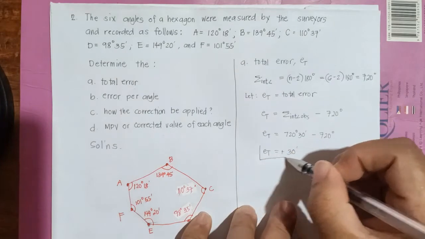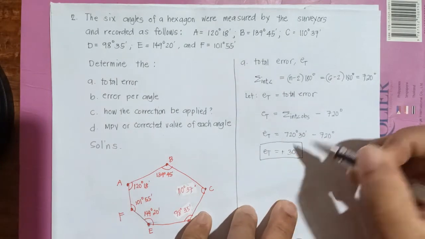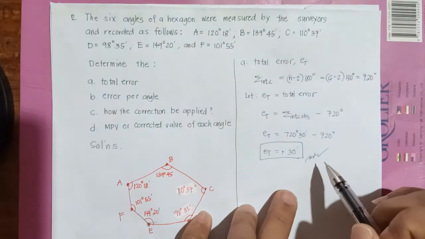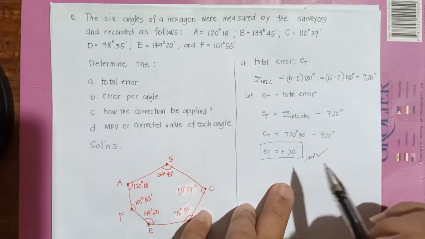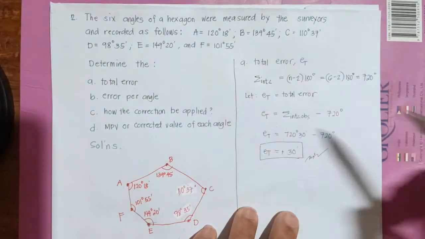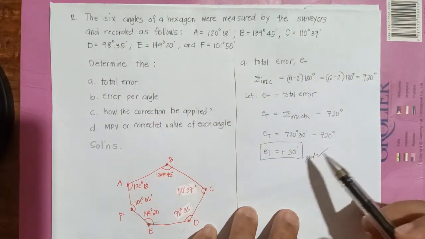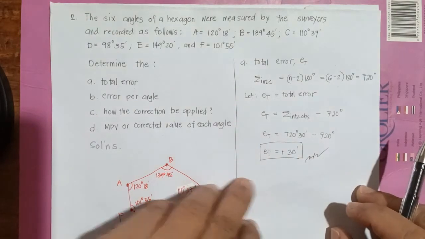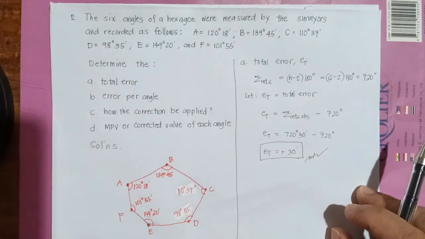So this is the total error of the hexagon. It's not yet the individual error of each angle, but rather the total error of these measurements, which is 30 minutes.